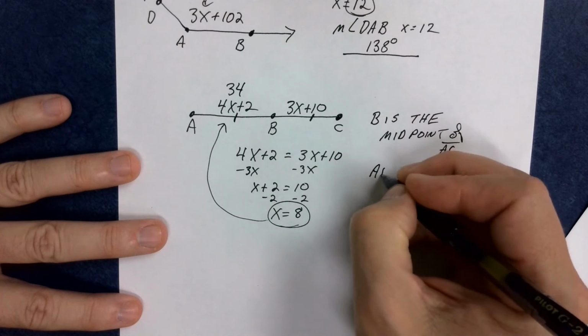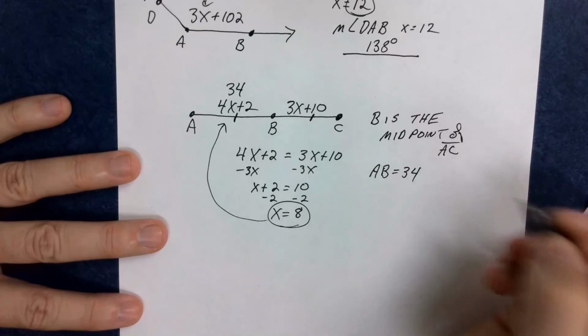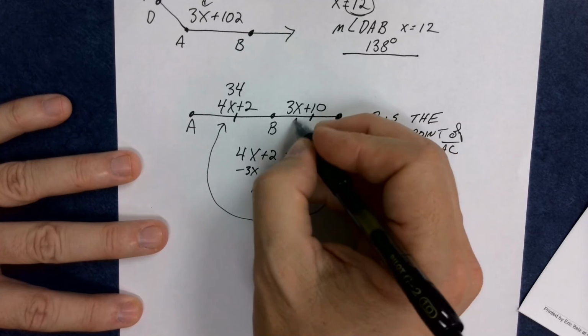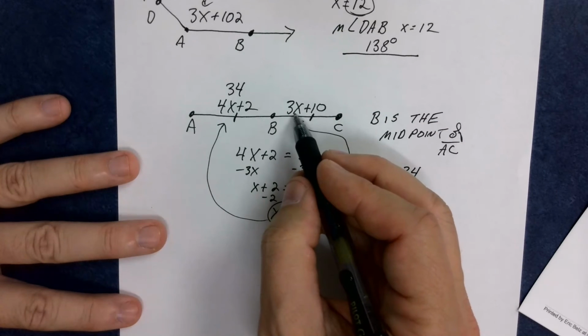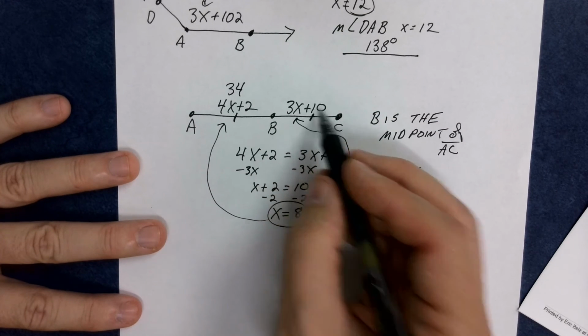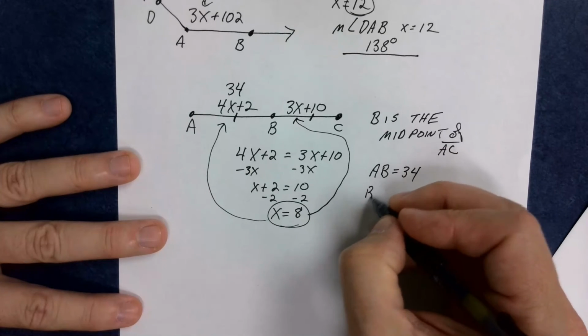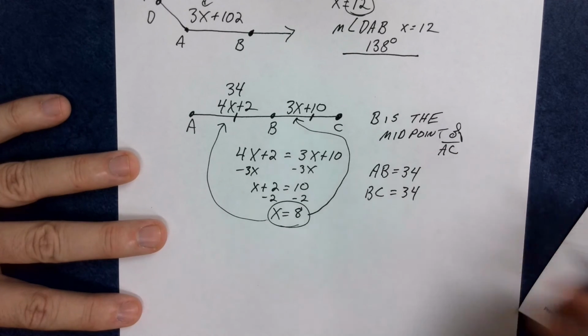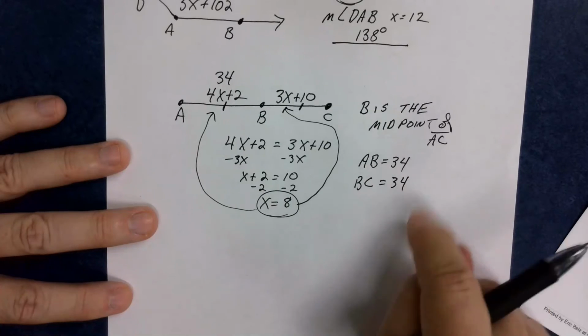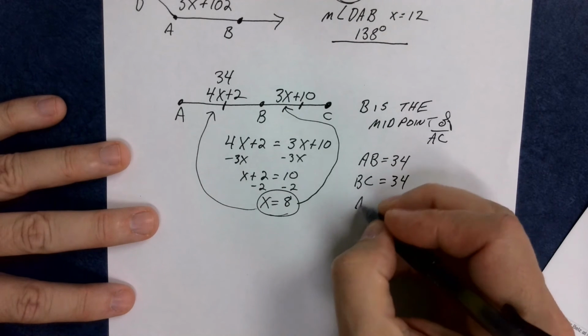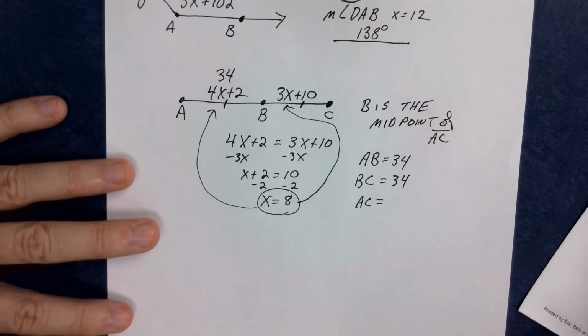So AB equals 34. I can plug 8 back into here. 3 times 8 is 24, plus 10 is 34. So BC equals 34. And look at that, they are the same. And then if I wanted to know my last thing, AC, the whole big thing, we would know that that is 68.